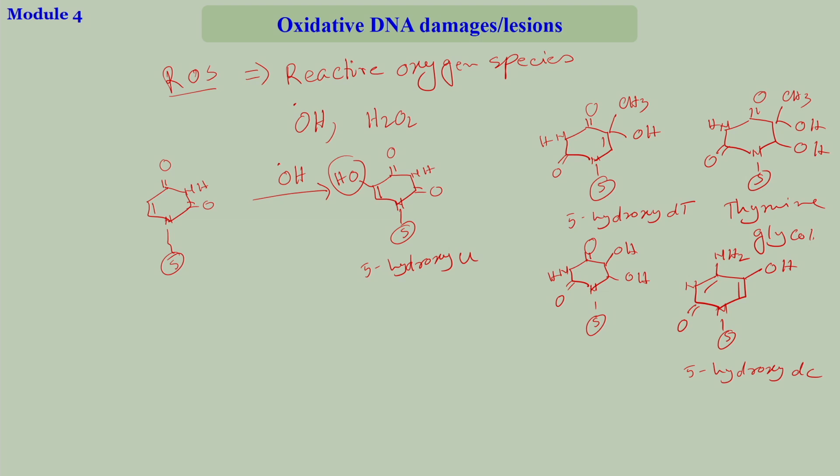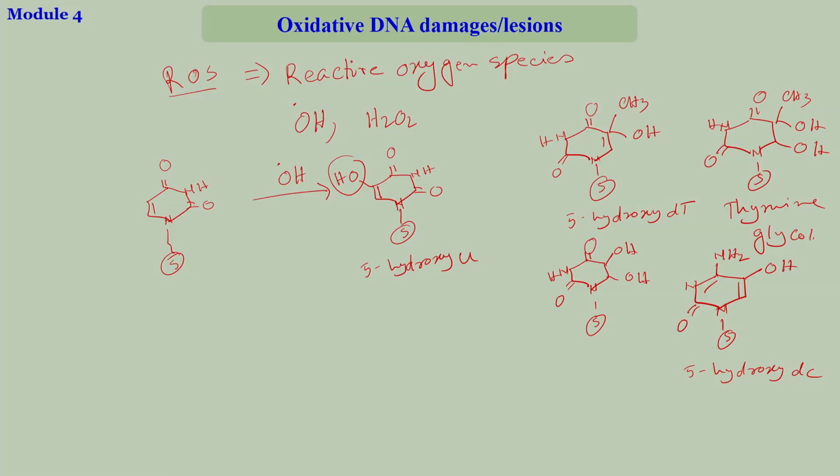So, these are some of the structures of the pyrimidine nucleobases that are formed due to reaction with the ROS species. They have actually been isolated, quite well studied, they are formed in the body.